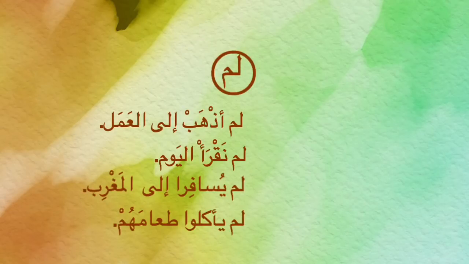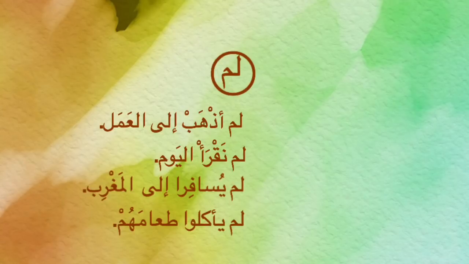And by the way, يأكلوا has an alif after the waw, but we don't pronounce it. We remove the noon and we add an alif. So when we have a waw for the plural male, يأكلون or تأكلون, it becomes يأكلوا or تأكلوا.